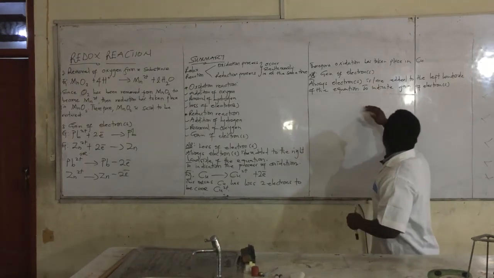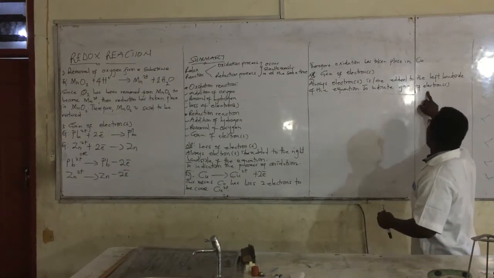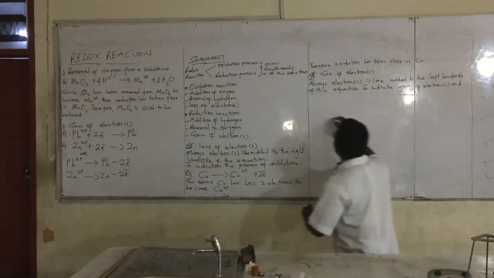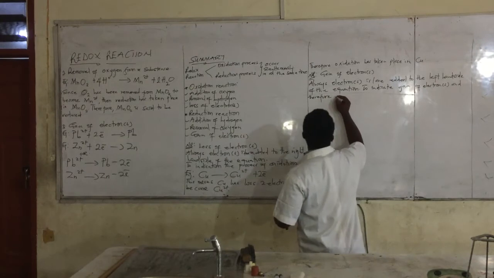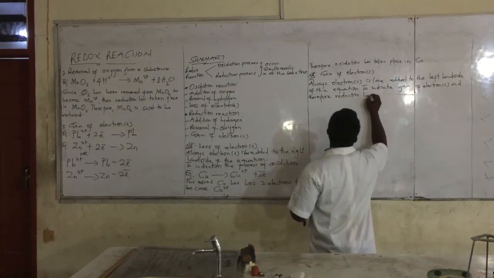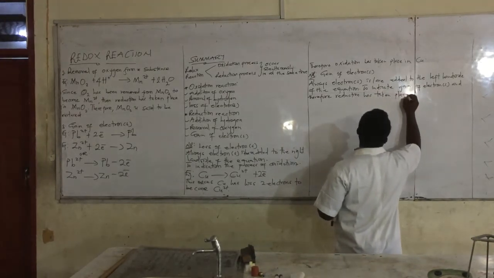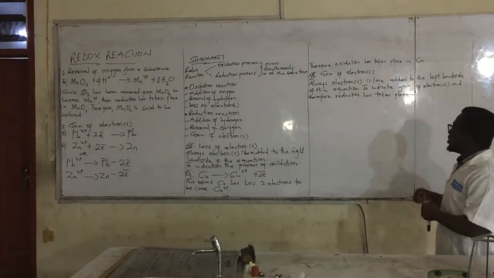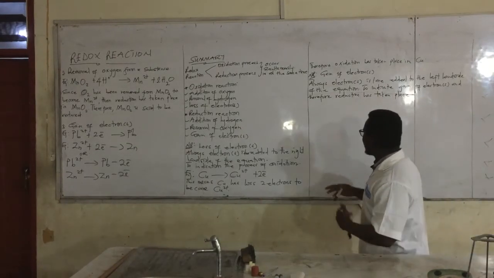So this indicates that there is a gain of electrons and therefore reduction has taken place. So that is generally to explain the reduction process.